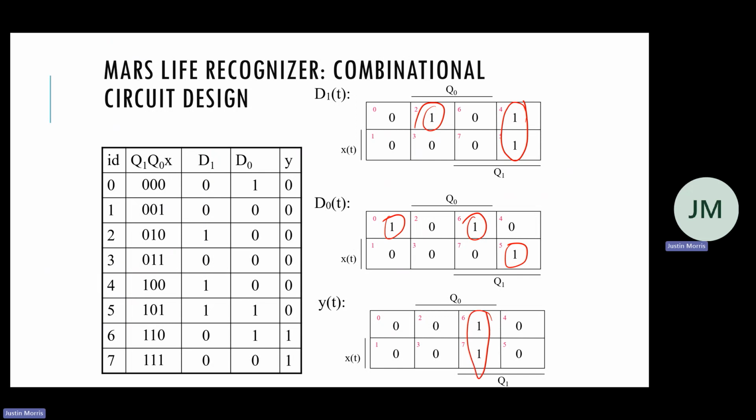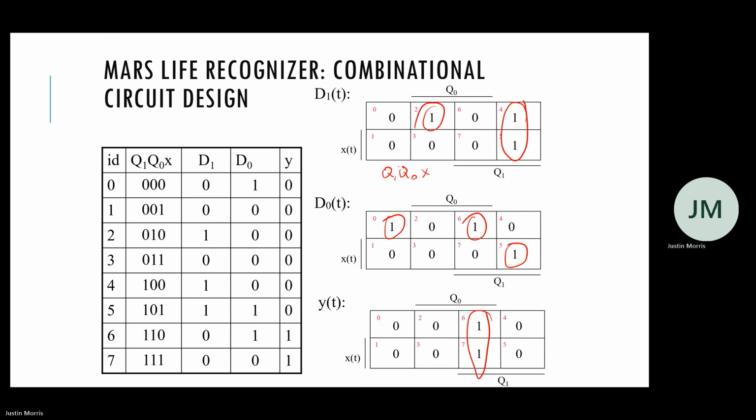And then this one is this circle, right? So D1 of t, my equation is going to be what? So for 2, I have Q1, Q0, and then I have X.